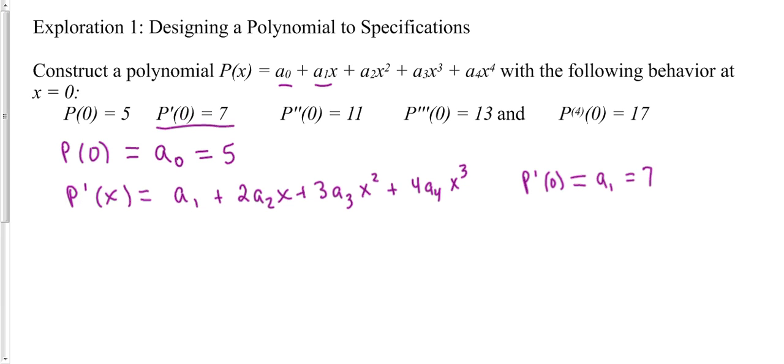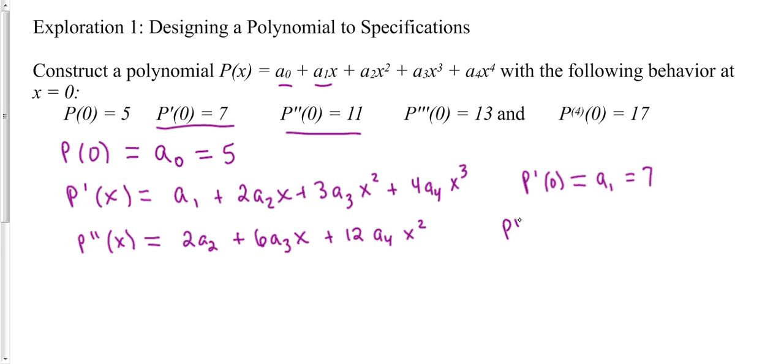All right, our next criteria is the second derivative. So let's take that second derivative. So p double prime of x is going to be equal to 2a2 plus 6a3x plus 12a4x squared.